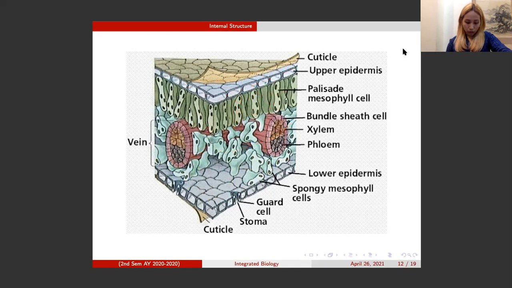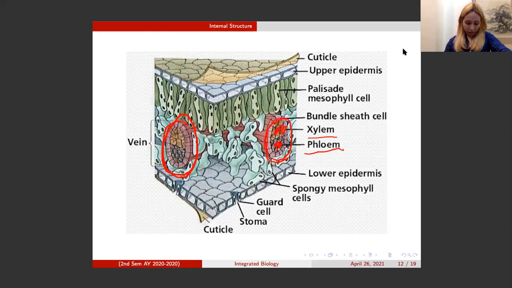And then, of course, here you will also notice the vein. Okay, oh, we're on eraser mode. So here, that's the vein, right? So you will notice your xylem and then your phloem. So this is your phloem, this is your xylem, and that would be the bundle sheath cell.